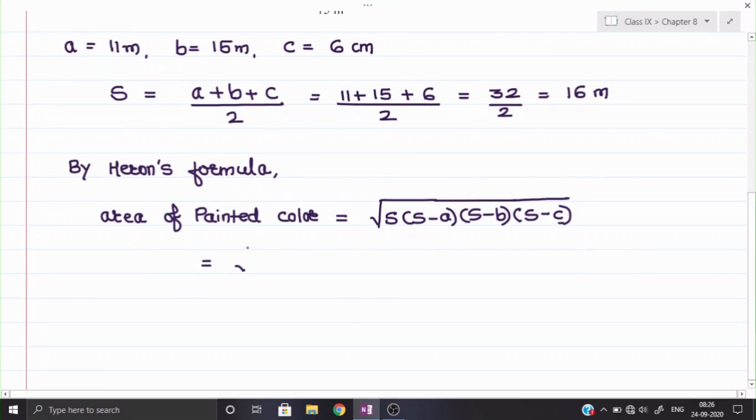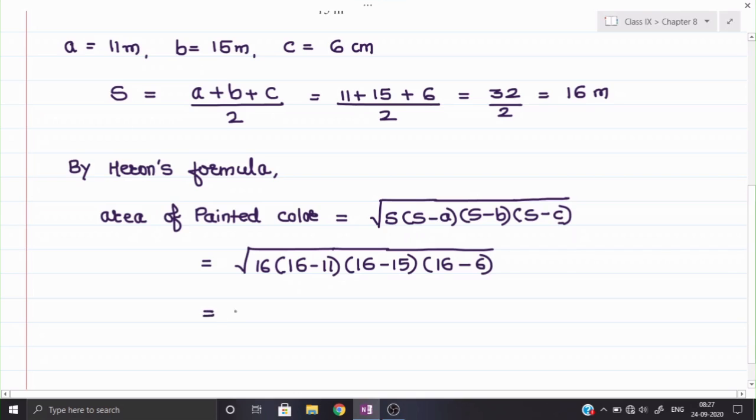So again we should apply the square root symbol. What is the value of S we have? That is 16 into the bracket 16 minus 11, again into the bracket 16 minus 15, and finally one more time in the bracket 16 minus 6.